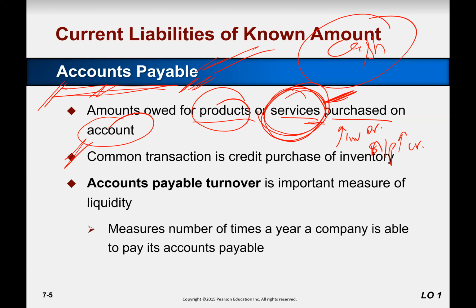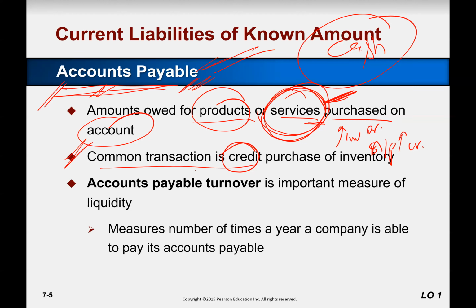If an asset increases, debit; if an asset decreases, credit. On the right side of the balance sheet equation, if a liability increases, credit; if a liability decreases, debit. And we pronounce the journal entry from debit to credit. So if we purchase inventory on account, the entry is inventory to accounts payable.